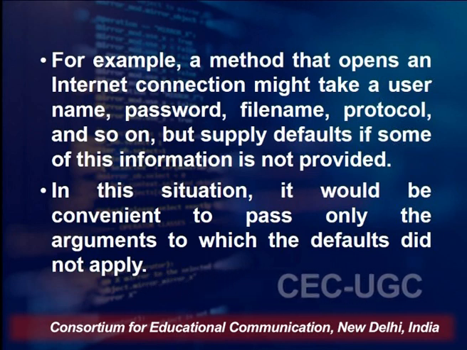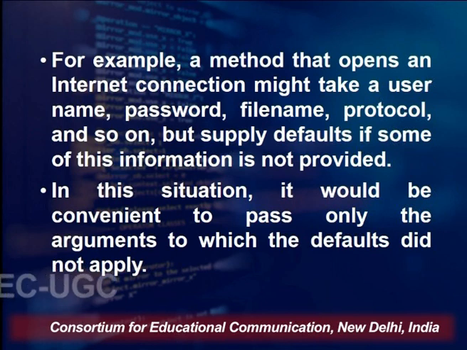But it should supply defaults if some of the information is not provided. What information will not be provided is not certain, which means the number of arguments here is not certain. So in this situation, it would be convenient to pass only the arguments to which the defaults did not apply. Or one very common scenario in which we use a variable length argument is our println method.